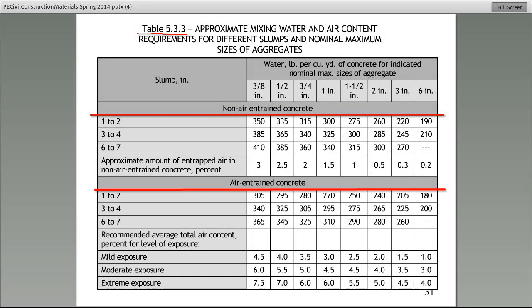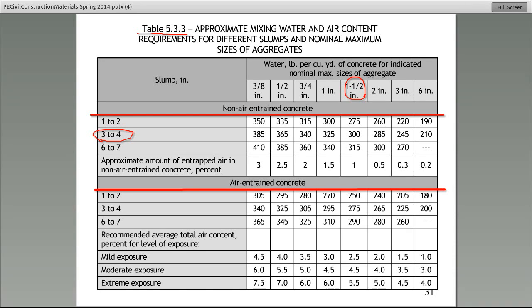All right. Now let's see how we can use this table. First of all, now that we know it's non-air entrained concrete we're designing, let's look at the slump. The slump for this particular case, they told us 3 to 4 inches. All right, so that's the column that we need. What about the maximum aggregate size? Maximum aggregate size is 1.5 here. So this is what we do.